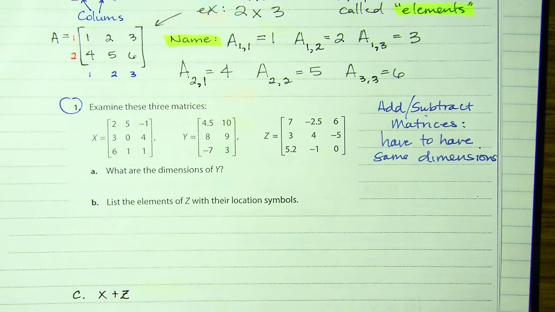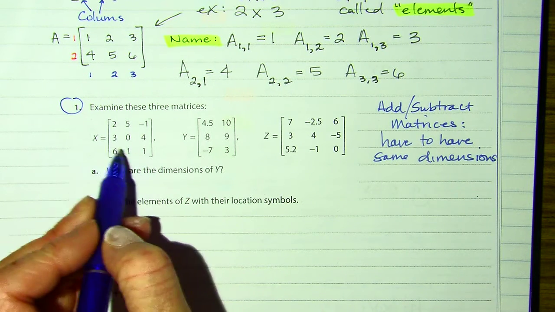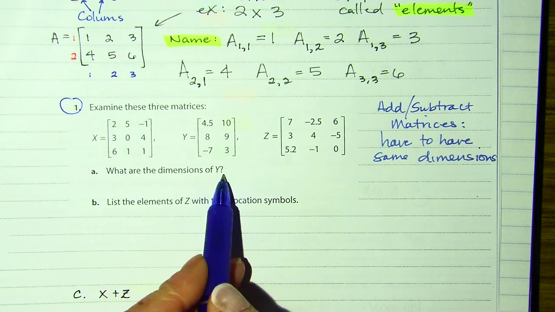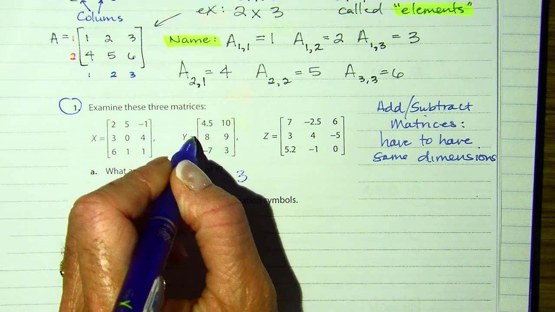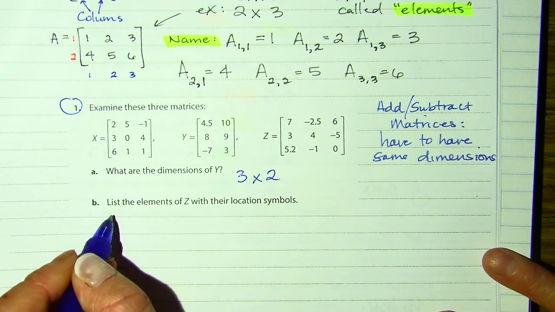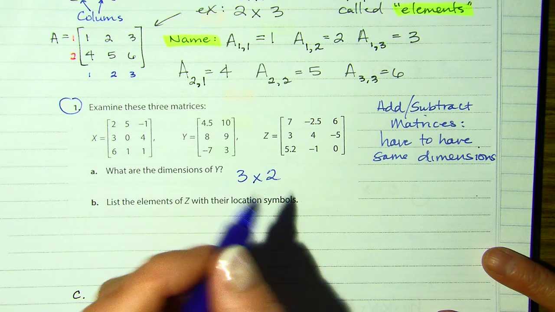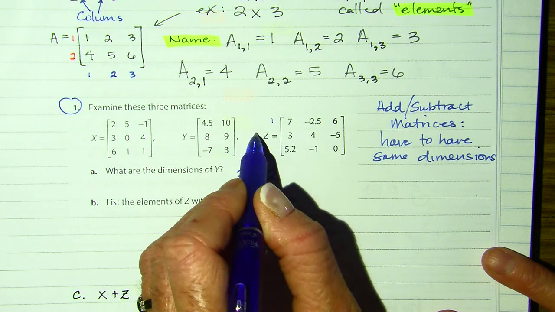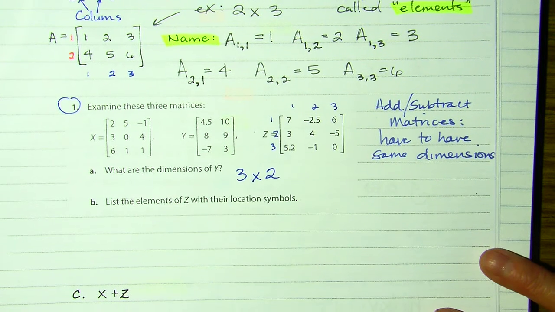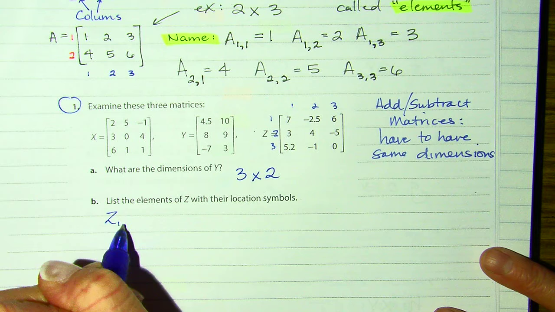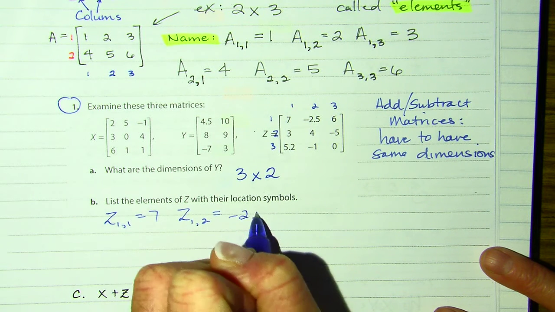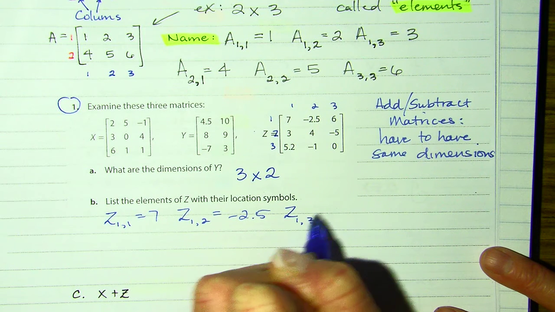So let's look at part number 1. Here are 3 different matrices. Here's matrix X, Y, and Z. What are the dimensions of Y? Y is a 3 by 2. List the elements of Z with their location symbols. So Z11 equals 7, Z12 equals negative 2.5, Z13 equals 6.